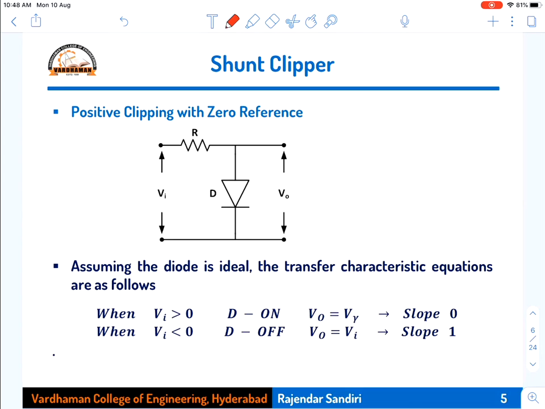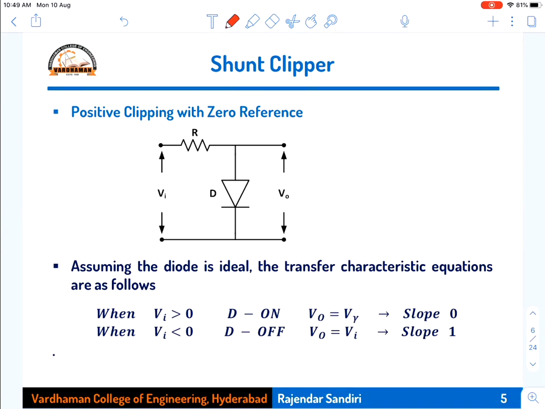Like that, I can name all 15 types of clippers and visualize how the output waveform can be. Now, by seeing the circuit also, we should be in a position to name that particular circuit and the shape of the waveform. The circuit has only two elements, a resistor and a diode. By seeing the diode position, we can say that it is a shunt clipper.